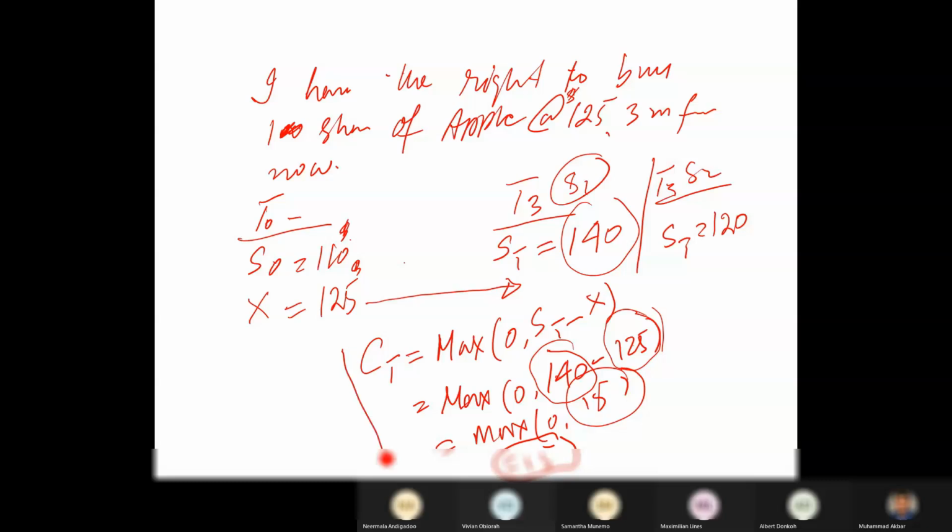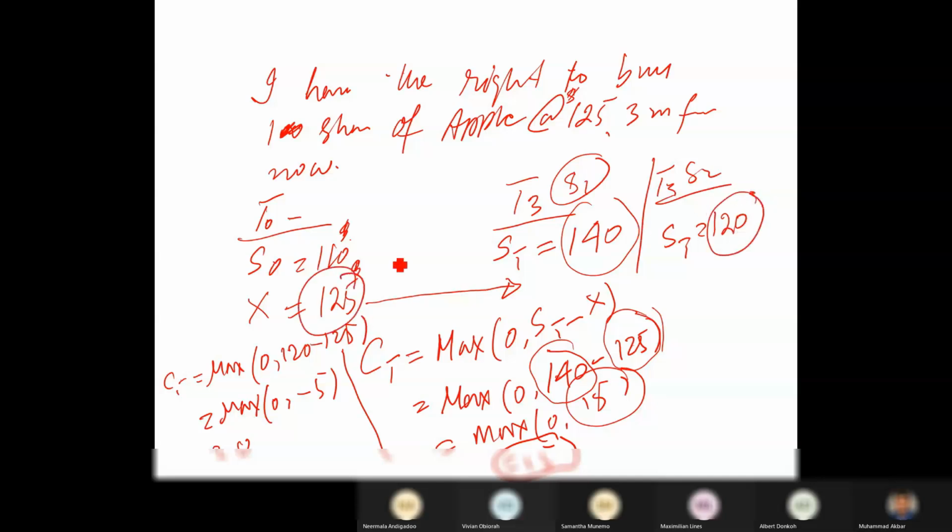No. Why? Because if I exercise my right, what will happen? It will be the maximum of 0 or 120 minus 125, so the maximum of 0 or minus 5. Would I want to make a loss of minus 5, buying for 125 something that I can purchase in the market for 120?